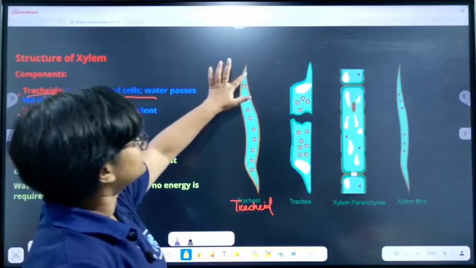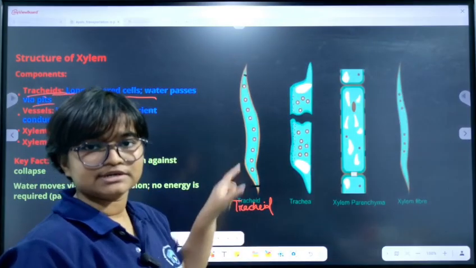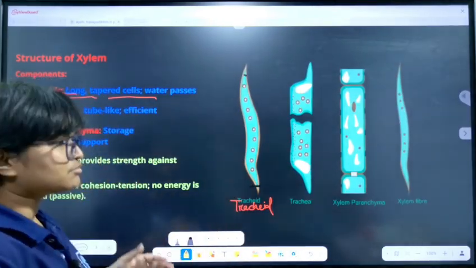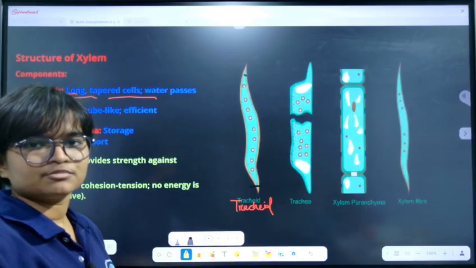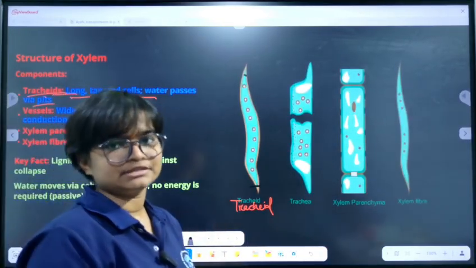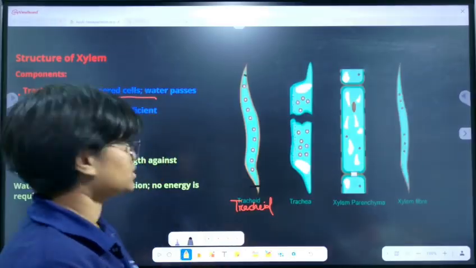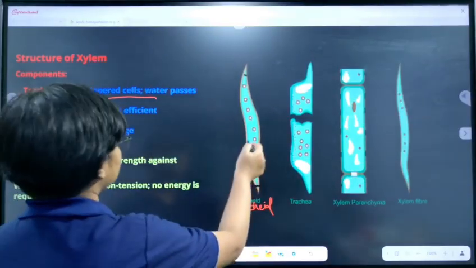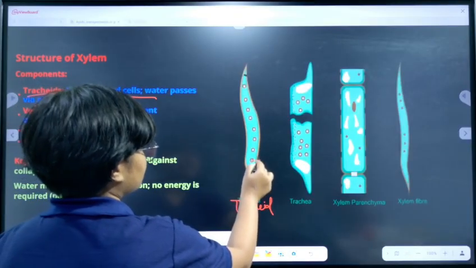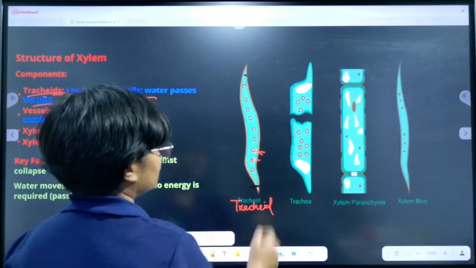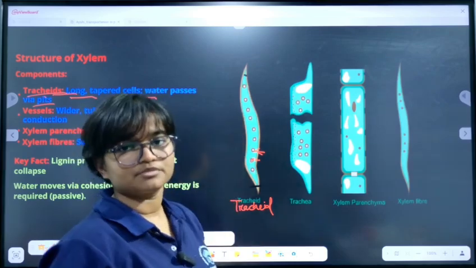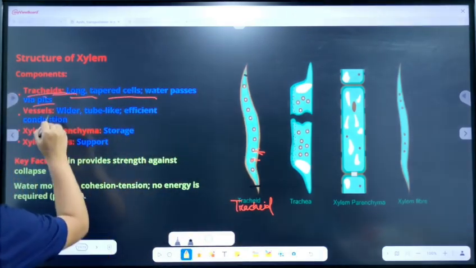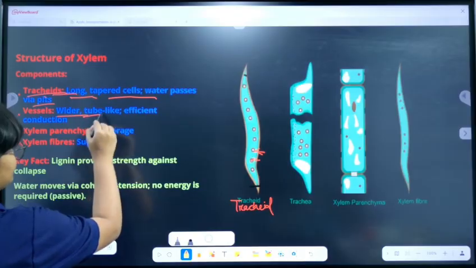As you can see, this part and this part, these are tapered ends. And from the diagram you can readily answer that this is the tracheid. Like tapered ends, and water flows through the pits. As you can see, these are pits. These all are pits.